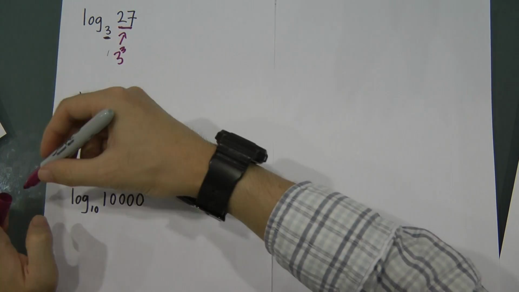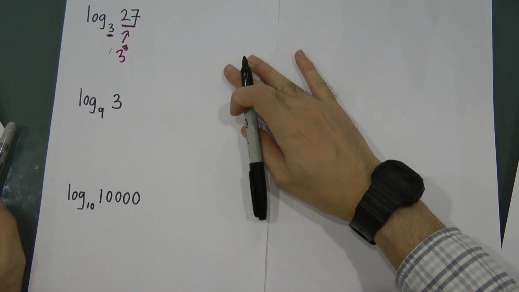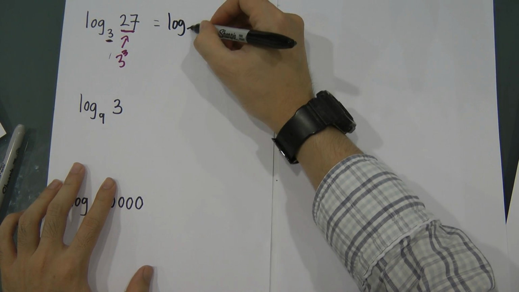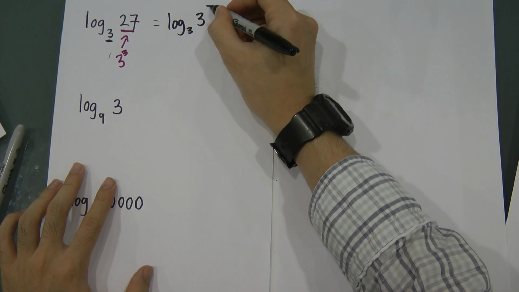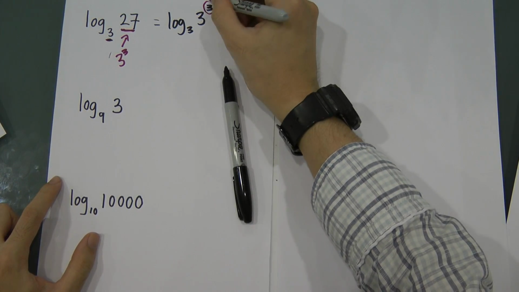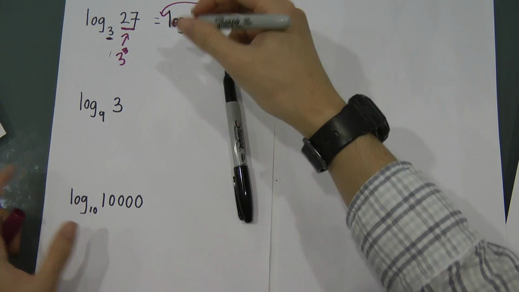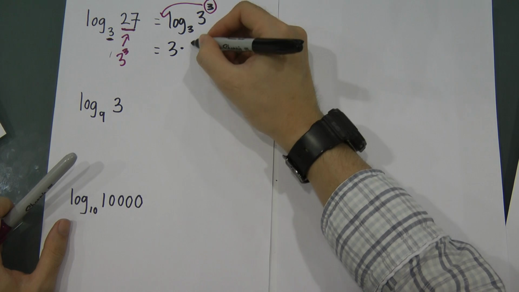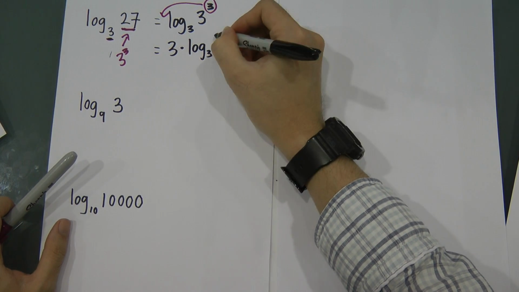When you see the relationship, it's very important in log. So therefore I know this is log base 3 of 3 power of 3. Correct or not? And the law just now tells us that 3 I can move in front, to become 3 multiplied by the whole thing.